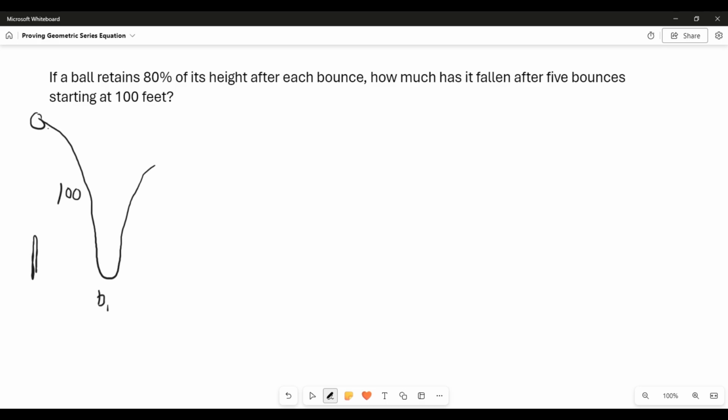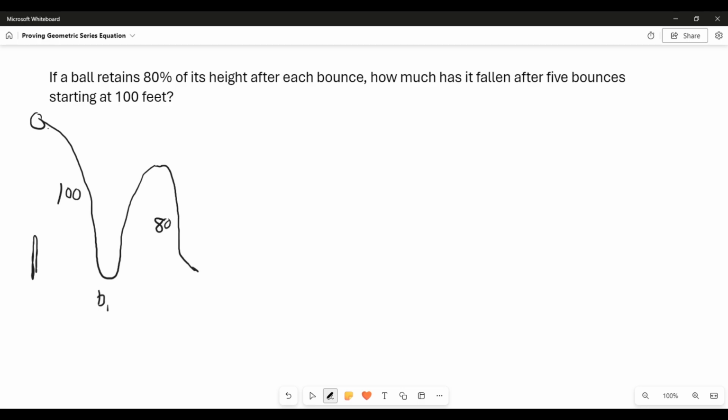Bounce 1. Now it goes up 80%. So how high would it be? It's now at 80 feet. So we don't care how high it goes up now. We're just counting how much it has fallen. So it falls 80 feet.